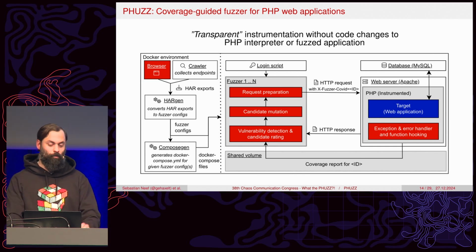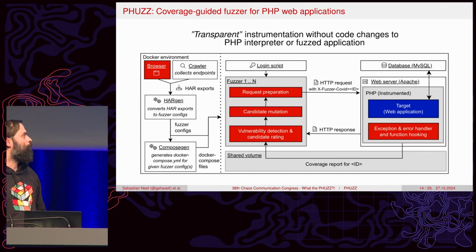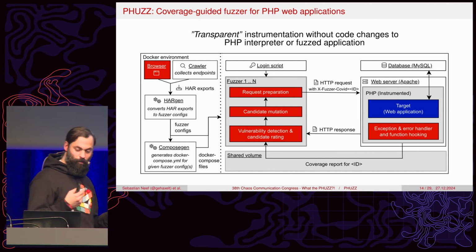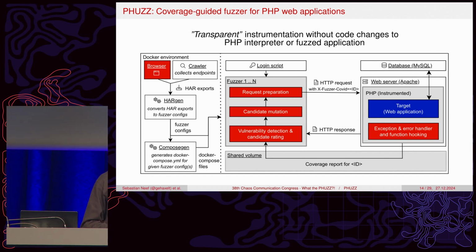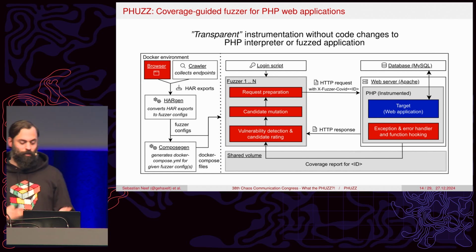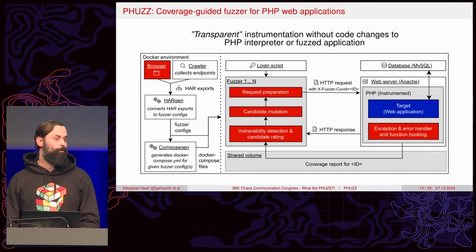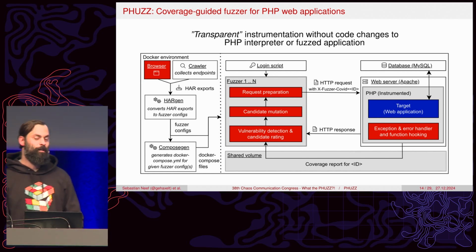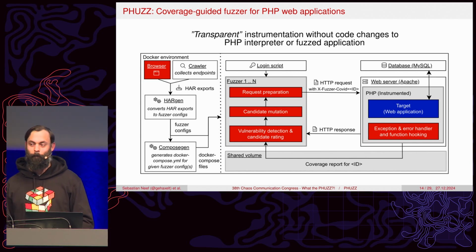So we don't have to do all the changes. Then we have one red box in the right-hand corner that is necessary for the vulnerability detection. I'll get to that in a few slides. We do some exception and error handling and function hooking to get more information about what the application does and where the potential vulnerabilities might be.